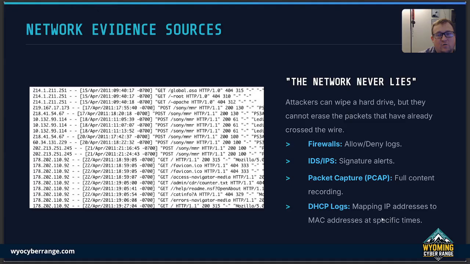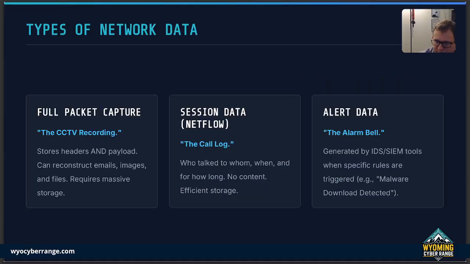Okay, so when capturing network data, we generally classify it into 3 distinct types, each with its own forensic value and storage requirement. The first one is going to be a full packet capture. These are normally called PCAPs. Okay, this is the CCTV recording.